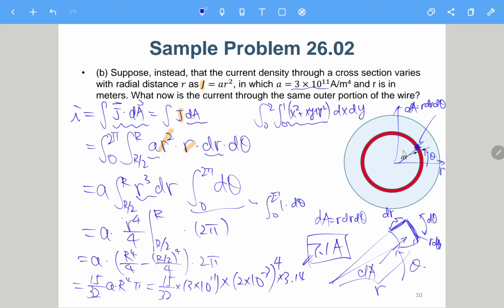And of course the current density here is not uniform over the radius, so it requires some integration. But hopefully this is not so difficult, because at least this density is not related to theta. If it were also related to theta, then the integration would be more difficult to calculate.